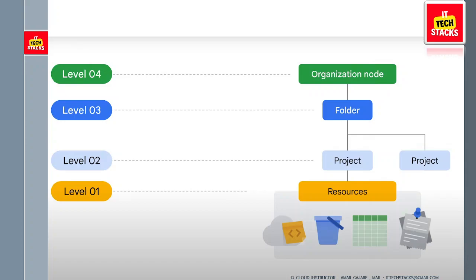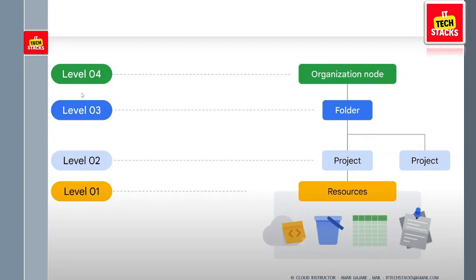So the Google Cloud resource hierarchy contains four levels: resources, project, folder, and the last one is the organization node.